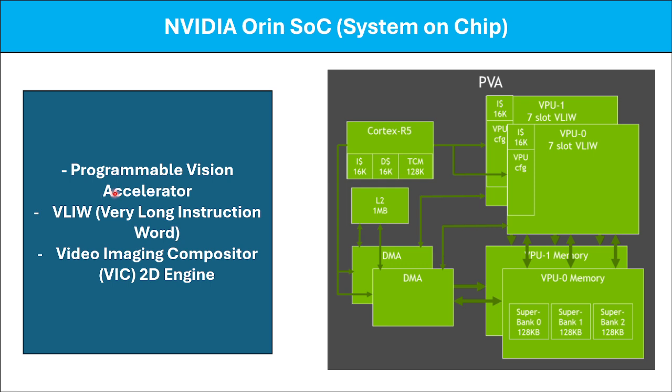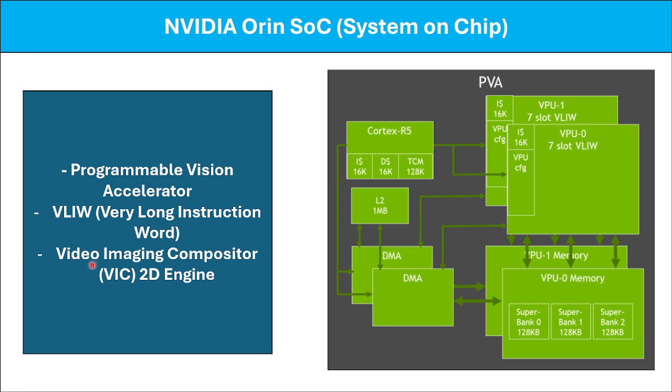Also, maybe this is like a universal chip, where there is some programmable logic part, and this is analogous to that block which is inside of the Versal, but we will see also. VLIW, very long instruction word. We can see it here. Maybe it can work with very large words.